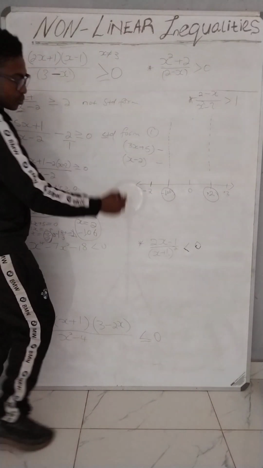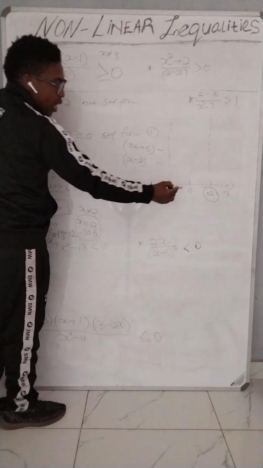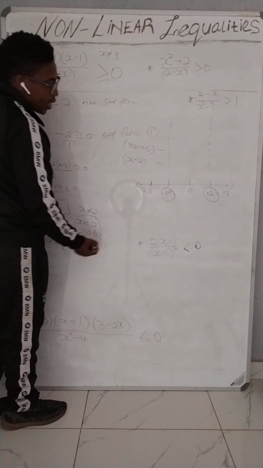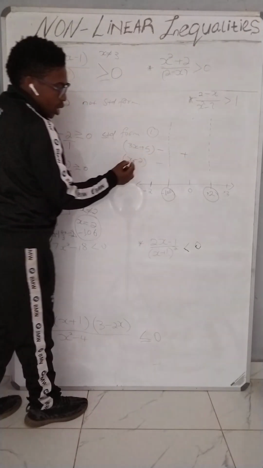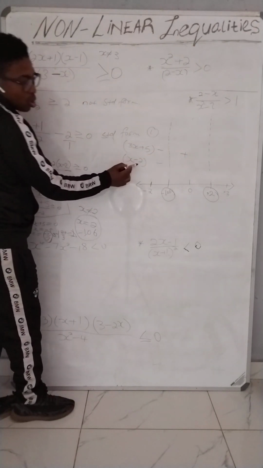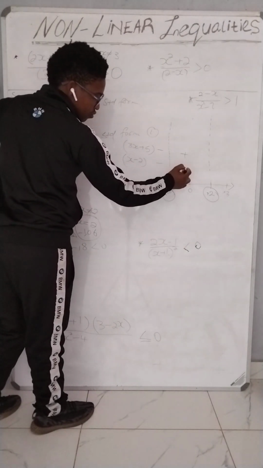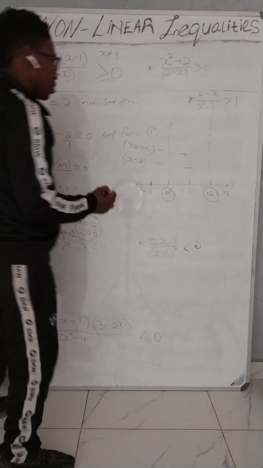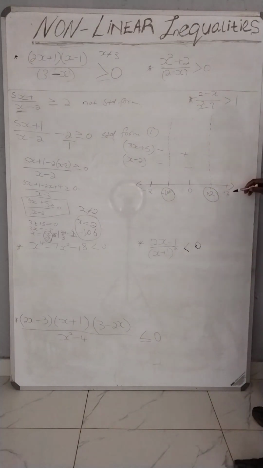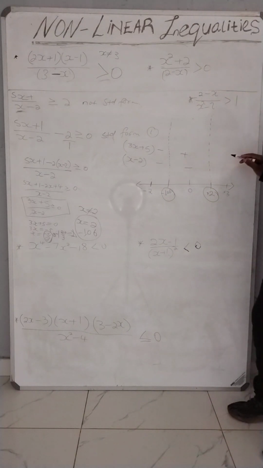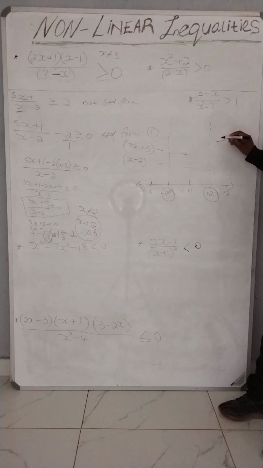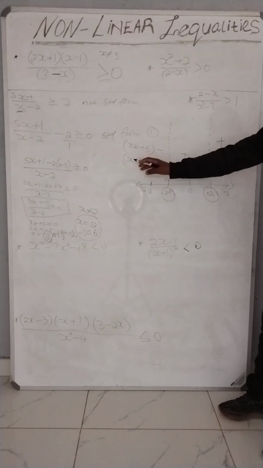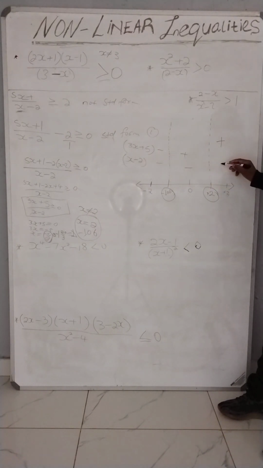Coming to this side, if we put x is 0, we have 0 plus 5, which is positive, and 0 minus 2 is negative. If we put 3 on this side, 3 times 3 is 9, 9 plus 5 is 14, a positive 14, and 3 minus 2 is positive 1.